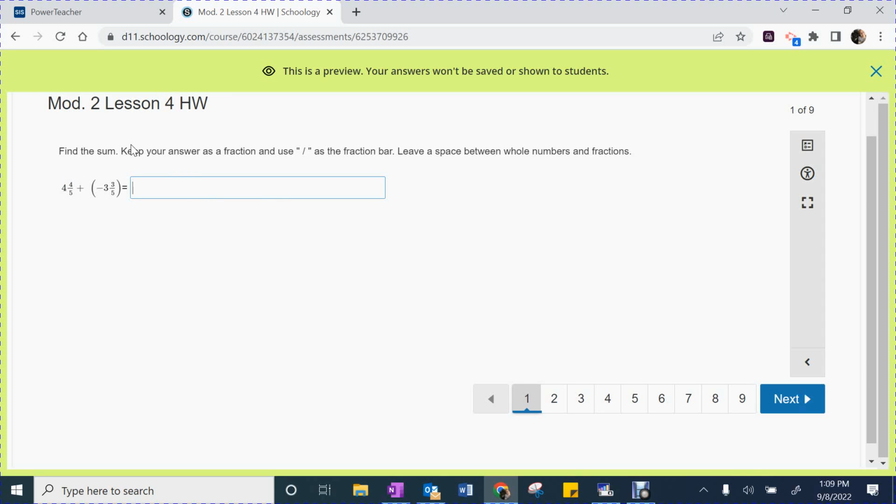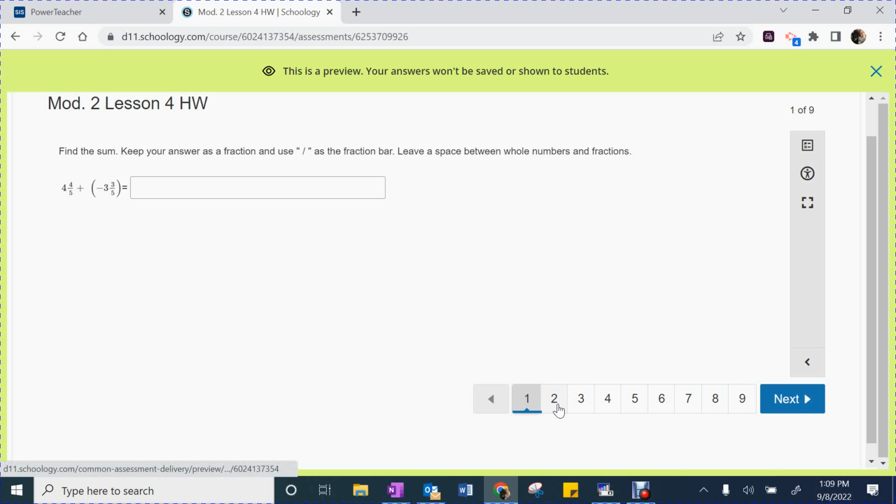Now this says keep your answer as a fraction and then it has the slash to use as a fraction bar. If you leave your answer as a mixed number, you can leave a space in between the whole number and the fraction, but it is okay to write your answer as an improper fraction.